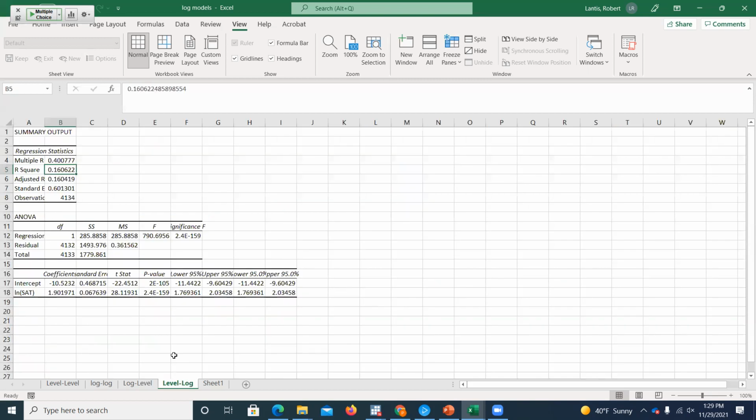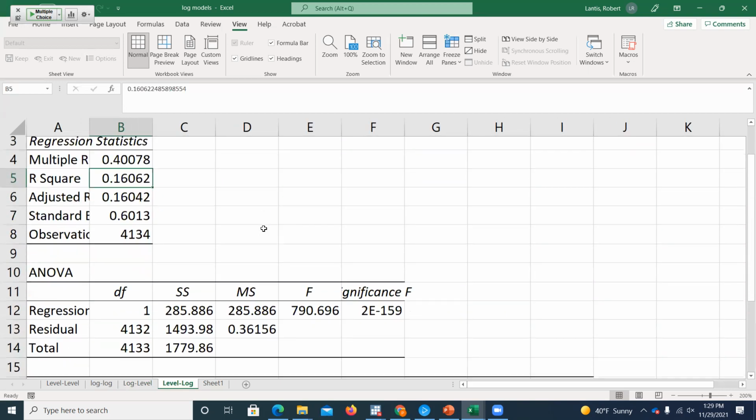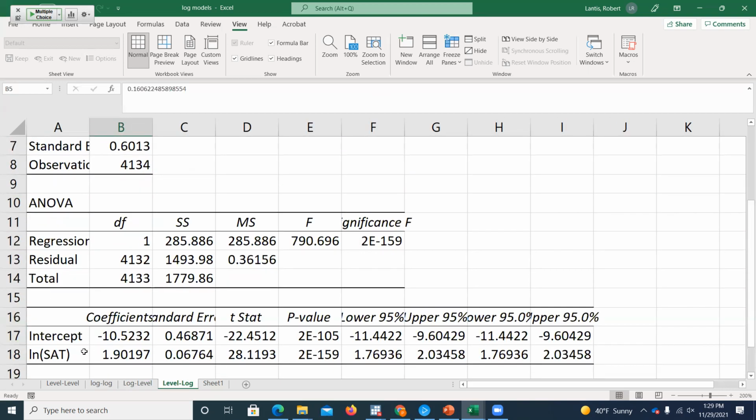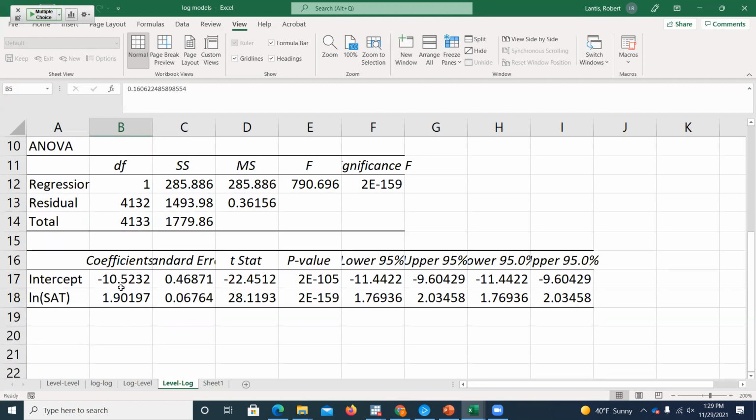And then the level-log model. Here we've got the natural log of SAT. So now the interpretation is a 1% change in my SAT score. We predicted that my GPA goes up by... Now I'm going from a percentage to units. In the level-log model, I didn't do anything to the y variable. So now I need to scale those percentages back down to being units, and so I'll divide by 100.